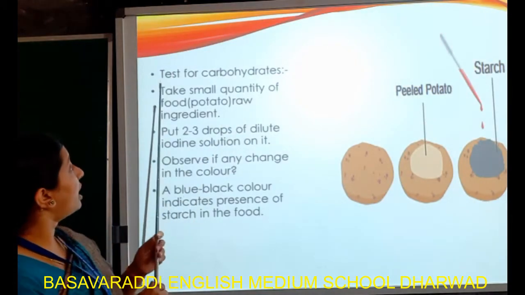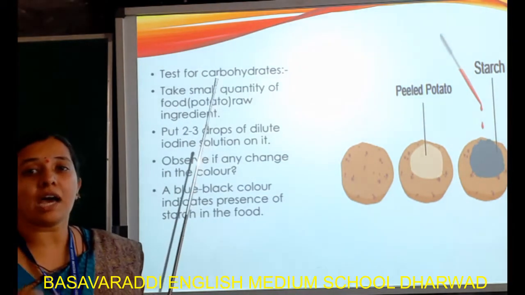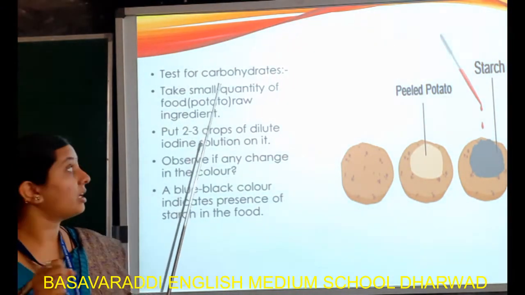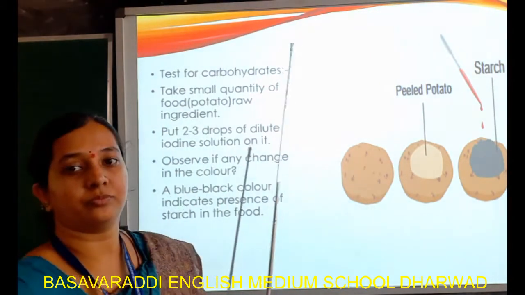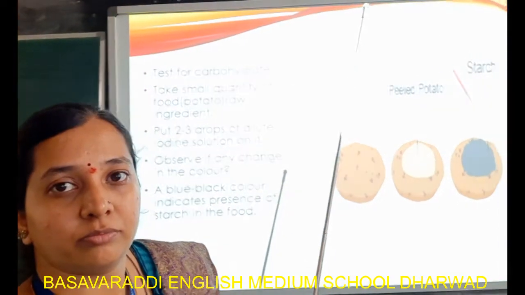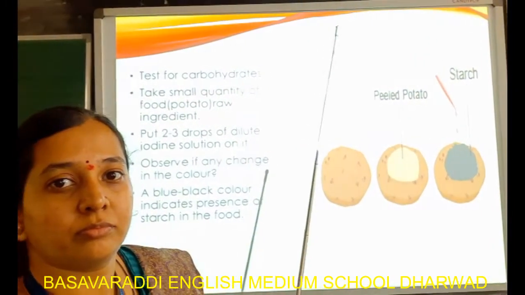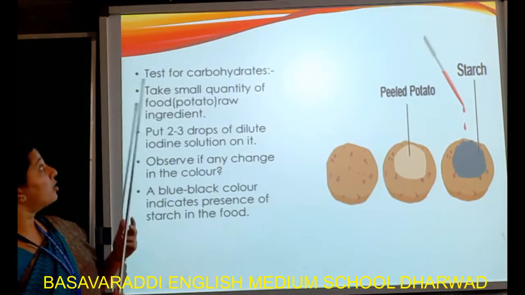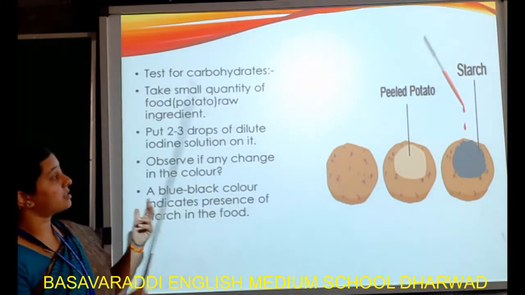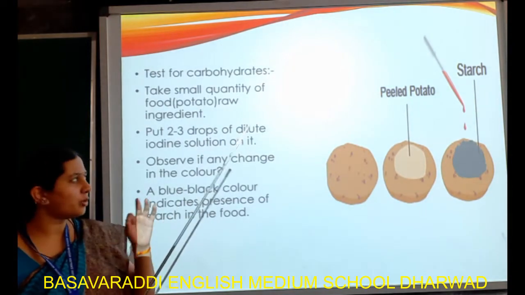Now we are going to see how to test the presence of carbohydrate in the food. We are going to perform a small test.